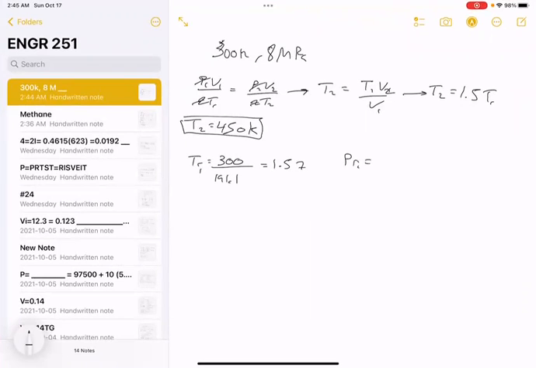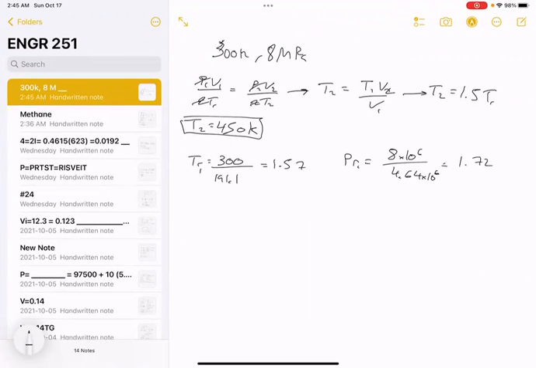PR1 is going to be equal to our actual measured pressure, 8 megapascals, over 4.64, which is the critical pressure. That gives us a value of 1.72.